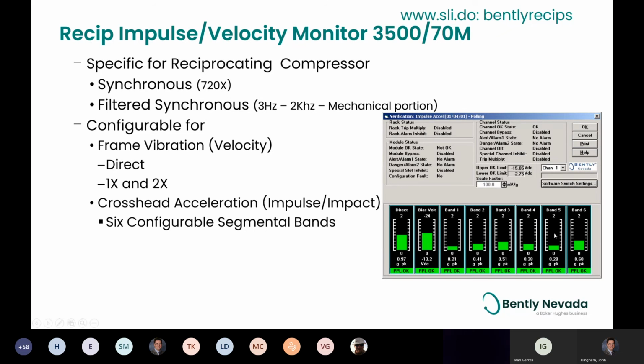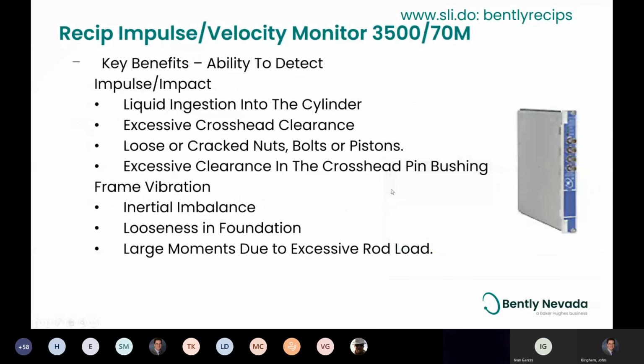And then bands 5 and 6 are user configurable, and sometimes we set them up to look for up-running machines that might have some lubrication issues on the pistons. So that's what those are for.